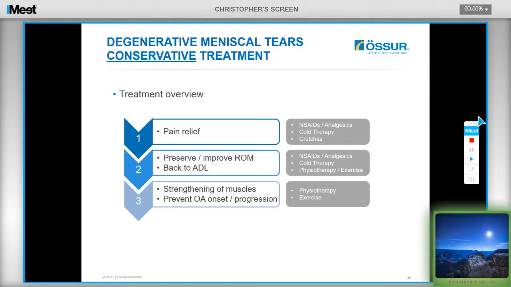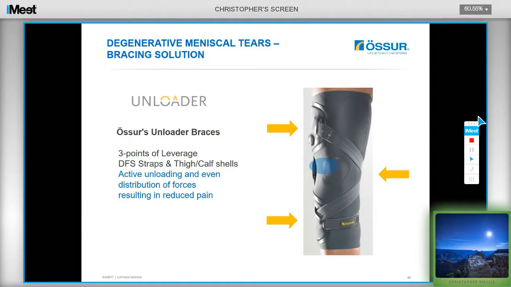So given this shift towards conservative treatment, from a bracing perspective we have the ability to provide pain relief, and to prevent OA onset and progression through joint unloading. And we've got plenty of evidence to suggest that Össur's unloader braces can achieve that.